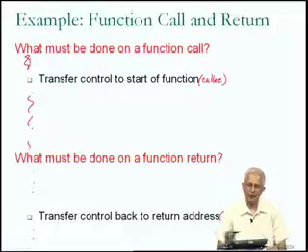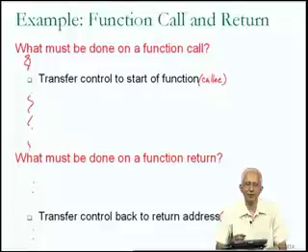Okay. So now we understand that as part of the function call, there is a need to transfer control to the start of the callee, and as part of function return, there is a need to transfer control back to the return address inside the caller. Now, one issue which this raises is the following. As part of function return, there is a need to transfer control back to the return address inside the caller.